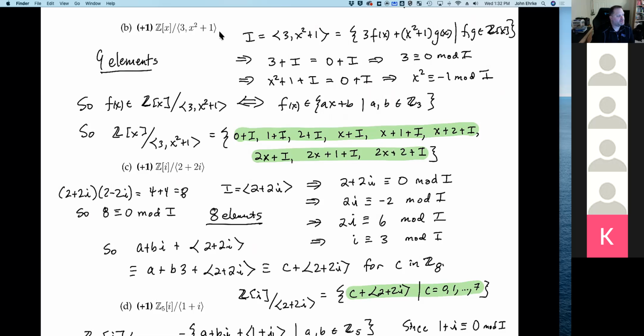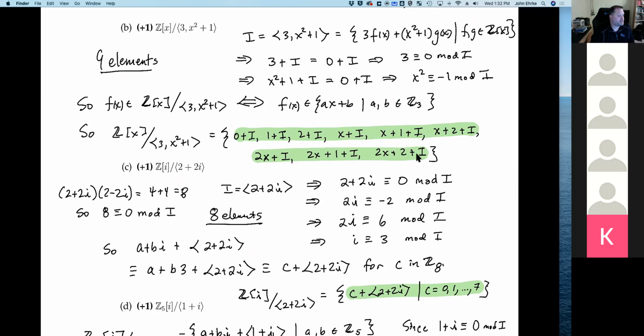So I can reduce all polynomials to degree 1 polynomials, because everything of degree 2 or higher gets reduced. Because of that, and because I'm looking at all linear polynomials where the coefficients are mod 3, I know these are the possibilities. These are all of the possible linear polynomials whose coefficients come from the integers mod 3.